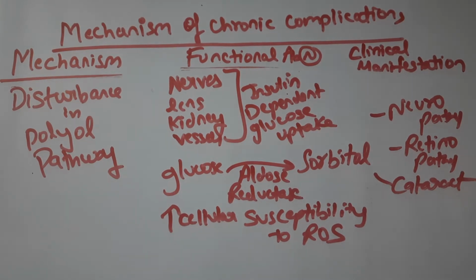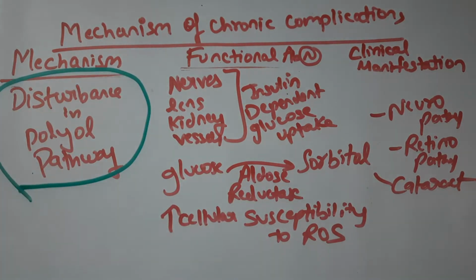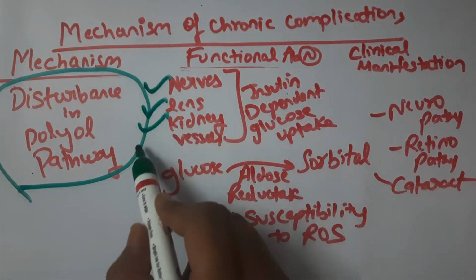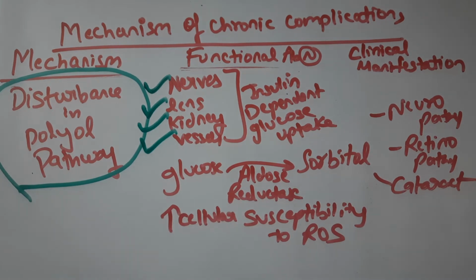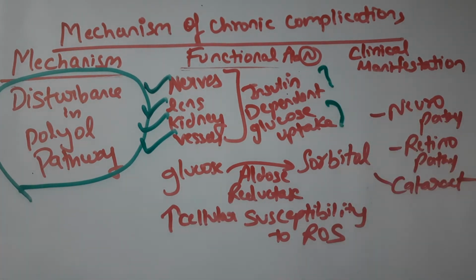The third mechanism in the chronic complications is the disturbance in polyol pathway. We know that nerves, lenses, kidney and blood vessels have insulin-independent glucose uptake. So for glucose uptake, they do not require insulin.